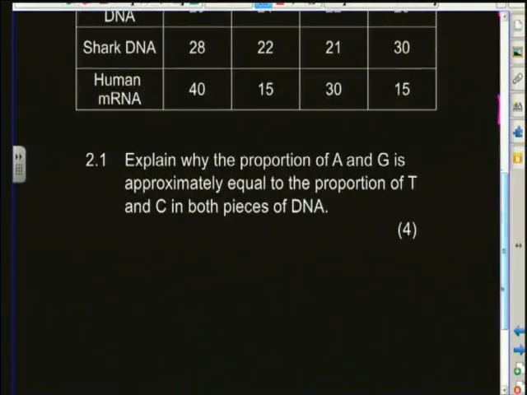Okay, let's look at question number 1. This is quite a trickish question, but again, it's a bit of a theory question. You must just tie it up to when I spoke in the beginning about complementary bases. Question 2.1 says, explain why the proportion of A and G is approximately equal to the proportion of T and C in both pieces of DNA.